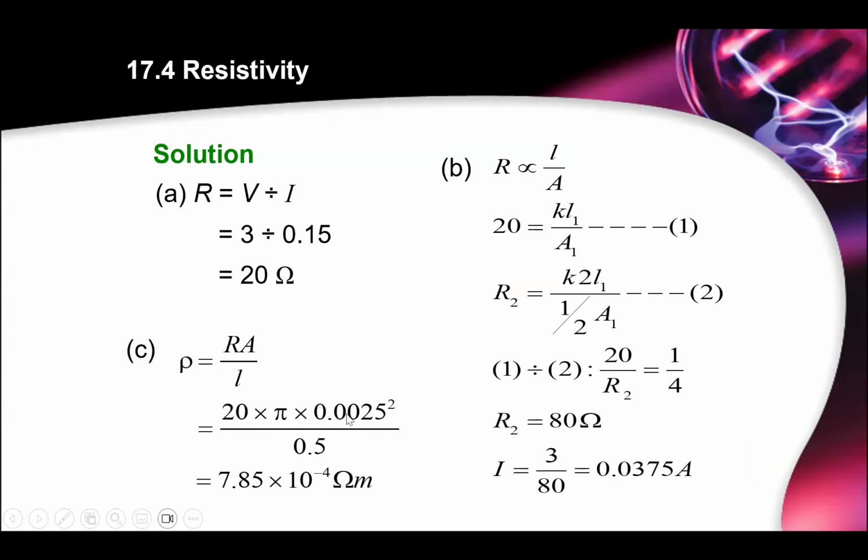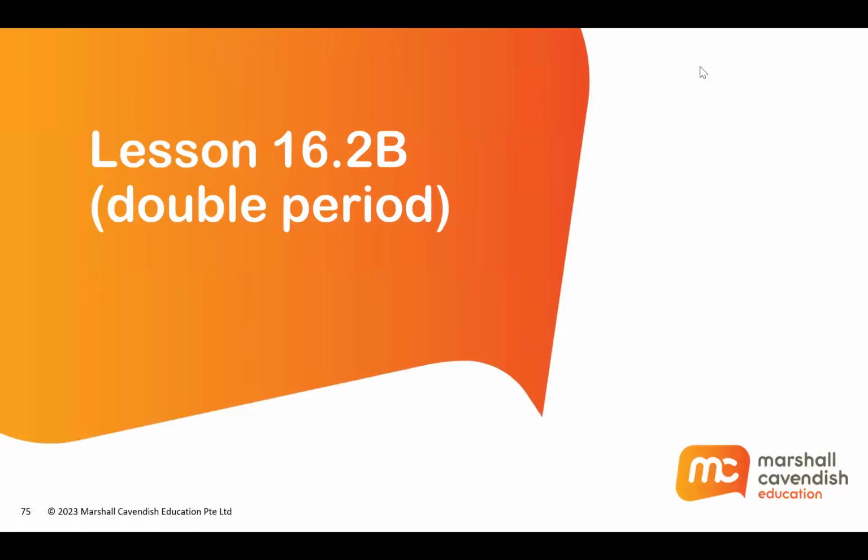So I take the diameter divided by 2 and then square, I change it to meter, divide by 50 cm, which is 0.5 meter. I remember you need to change everything to SI units, which is meter. And for cross-sectional area is pi r squared. So it's pi times d over 2 squared. Okay, so you get this ohm meter. Okay, that's it.